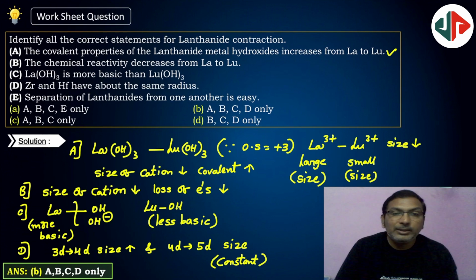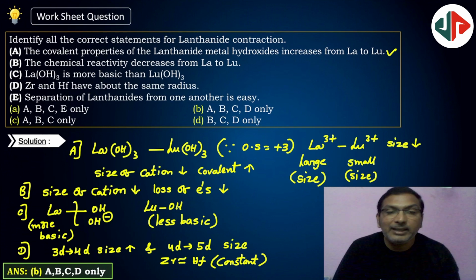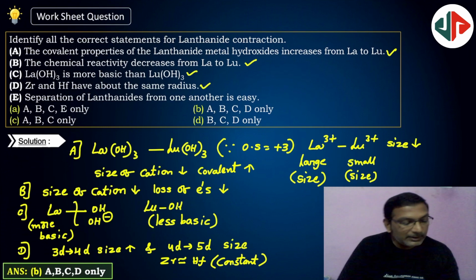So here zirconium belongs to 4d and hafnium belongs to 5d. These two will have almost the same radius due to lanthanoid contraction. That is, A correct, B correct, C correct, and D also correct. What about E?